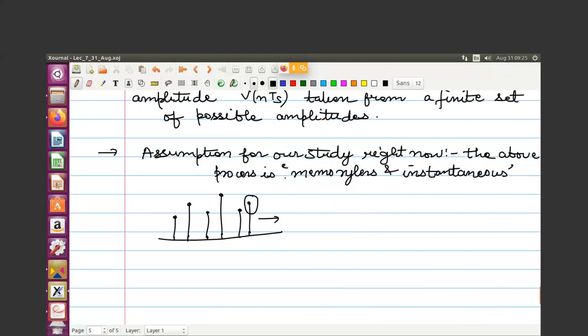Instantaneous means that there is no delay in the system. Once a value comes, it is instantaneously quantized, and this quantization is not dependent on the past or the future discrete values. This is sometimes called scalar quantization.